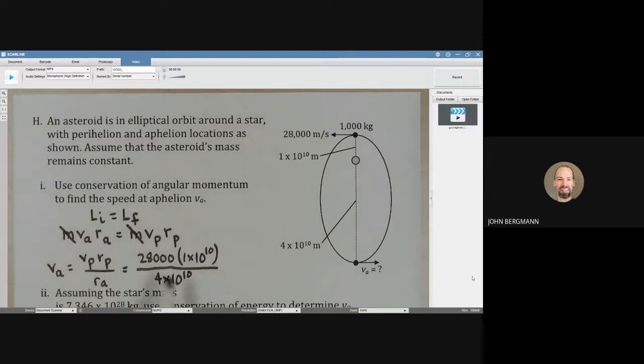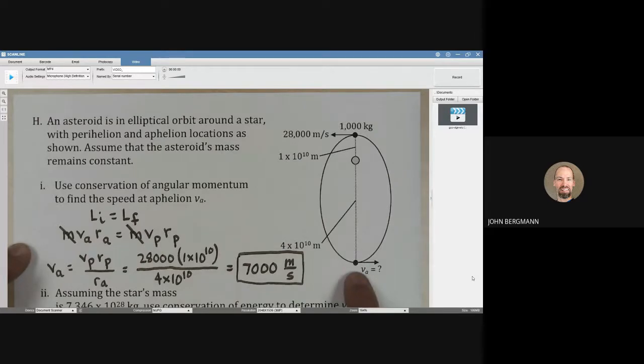The 10 to the 10ths cancel. That's 28,000 divided by 4. That's 7,000 meters per second, which makes sense, at least in the sense that the further away something is, the slower it's going to be going. So that seems to make sense.